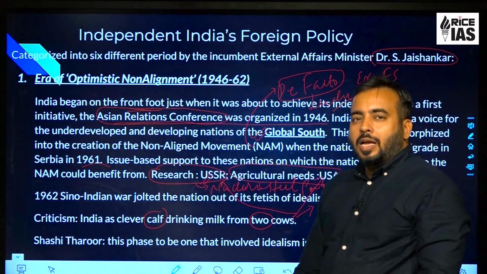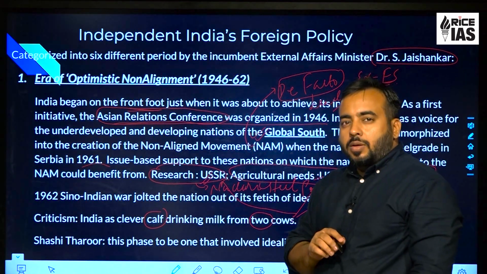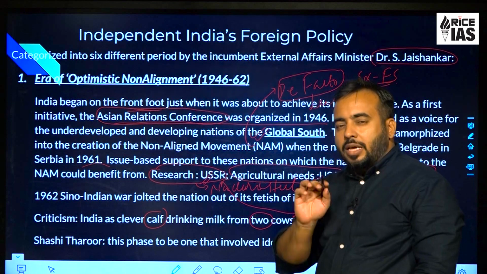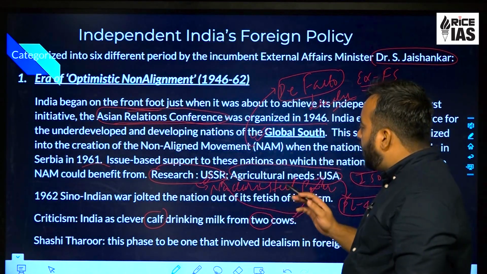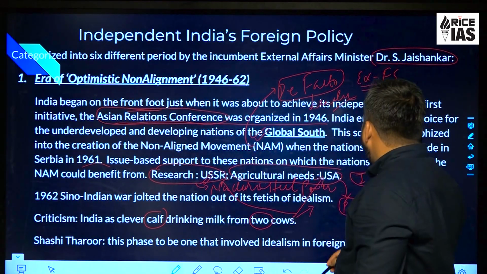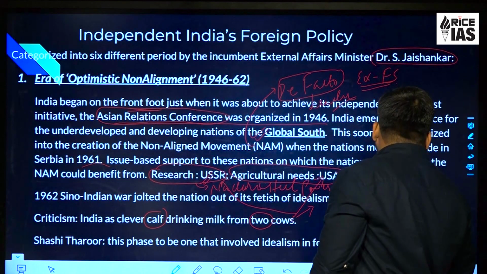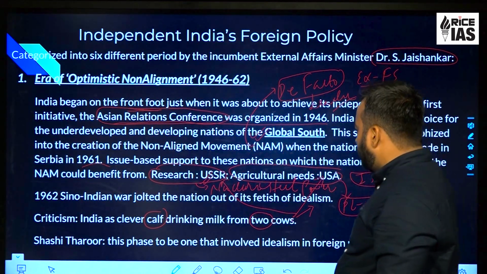So the Non-Aligned Movement, for this strategic reason, holds a great deal of significance even today, even though the meetings are not very regular. But India has been leading the process, and the Non-Aligned Movement remains very relevant even today. The relevance of NAM cannot be questioned on a strategic basis.